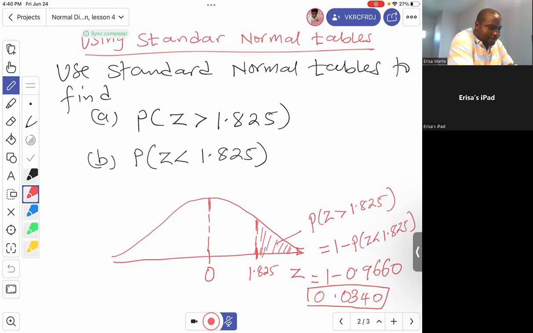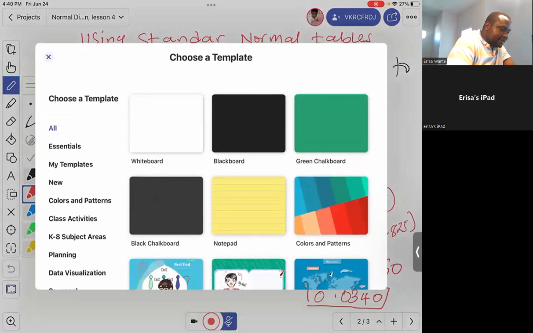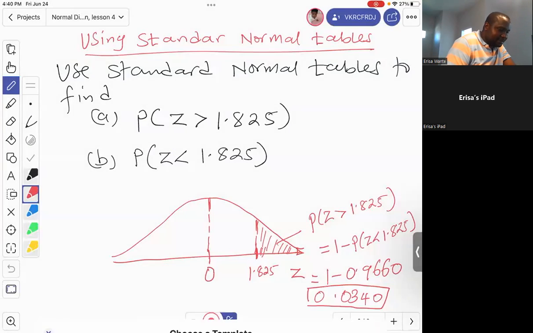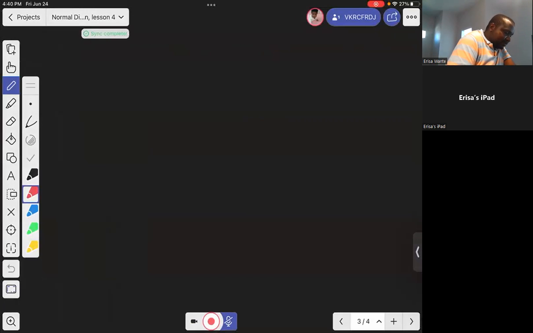But there is another type of the normal table, which is the most common type. Let me go ahead and add a page. Let me use black this time.